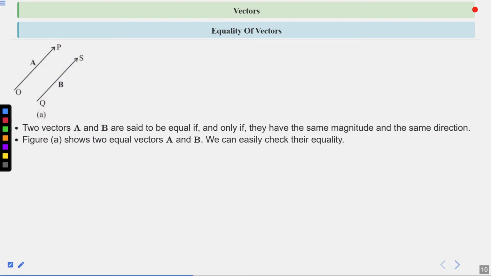Figure A shows two equal vectors, A vector and B vector. We can easily check their equality. How we can check?